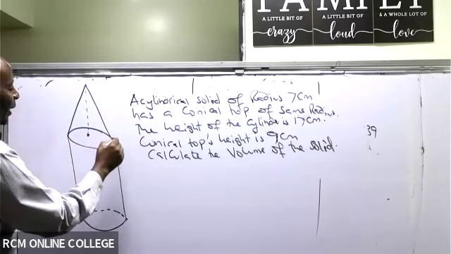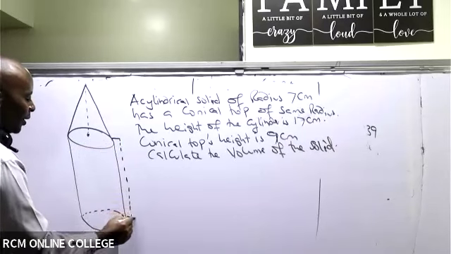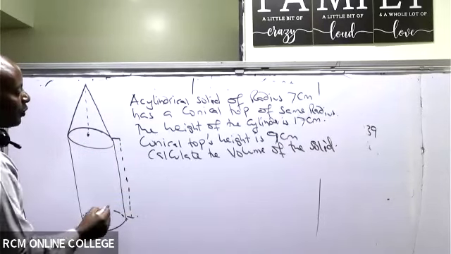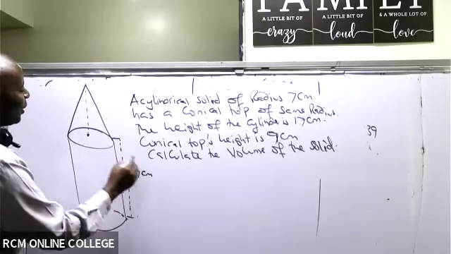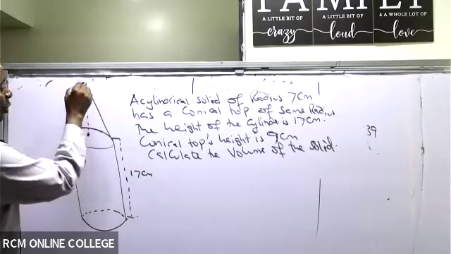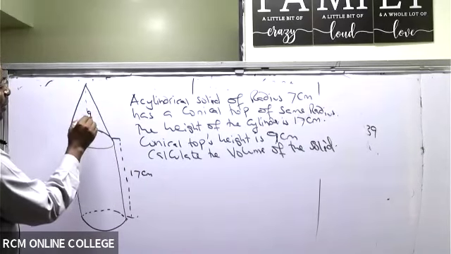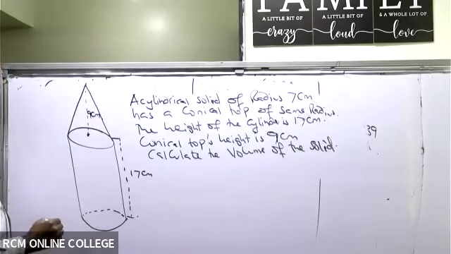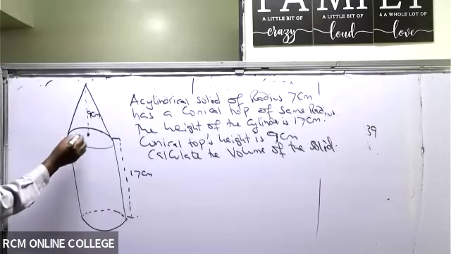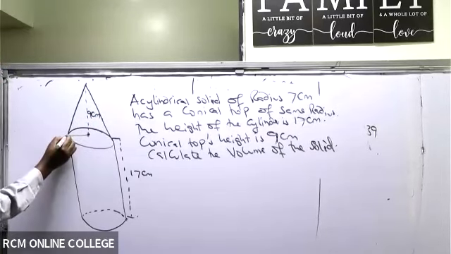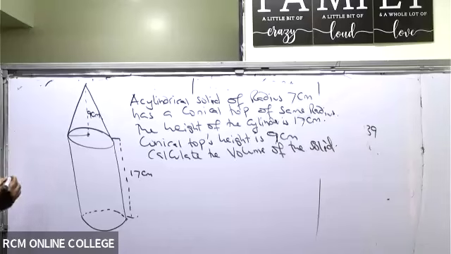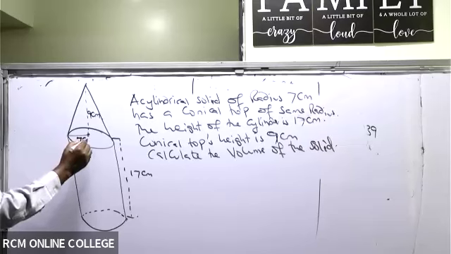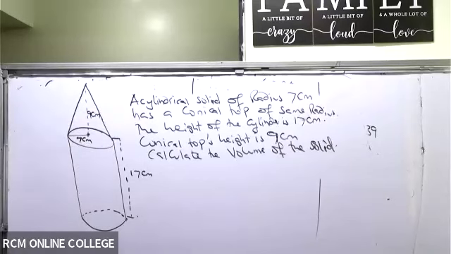They have given us the height of the cylinder itself, which is 17 centimeters. The height of the cone is 9 centimeters. And then they have given us the radius. The radius is half the diameter, and the radius is 7 centimeters.